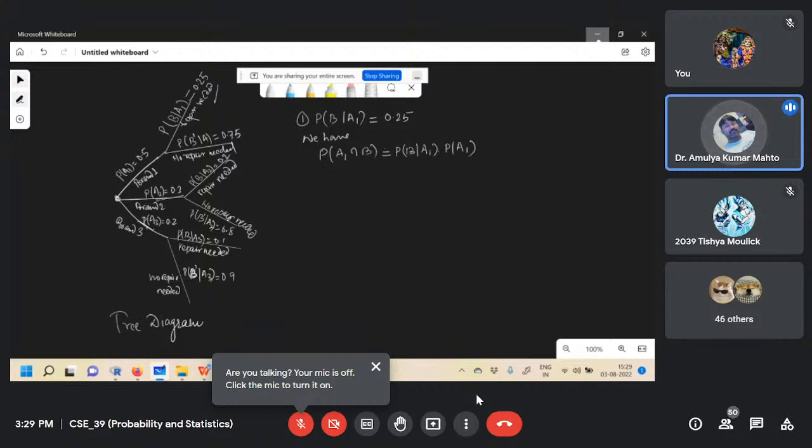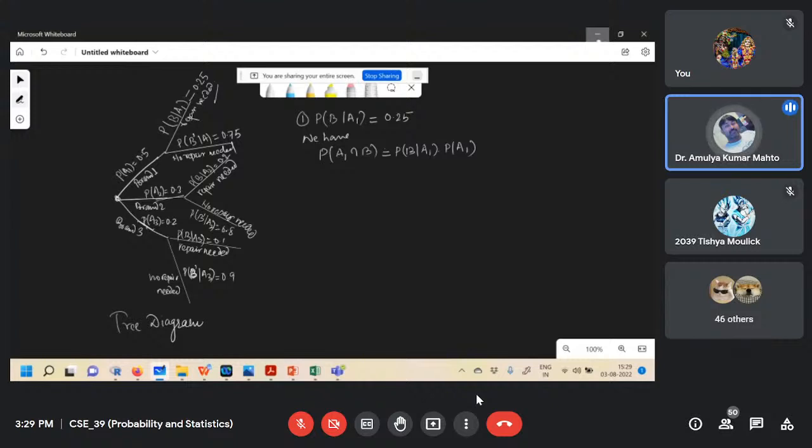So you need to write it in such a way that the probability of A1 can be used. So this is 0.25 into 0.5, where the probability of A1 is 0.5. So this probability is going to be 0.125.